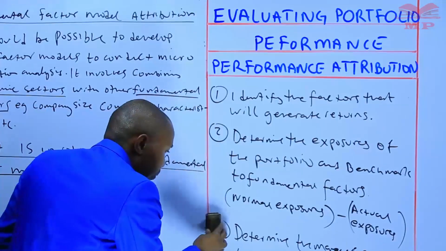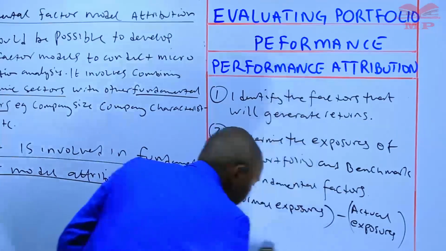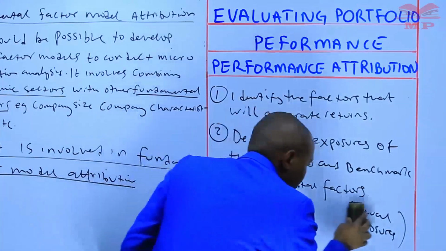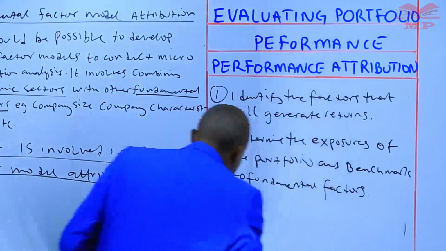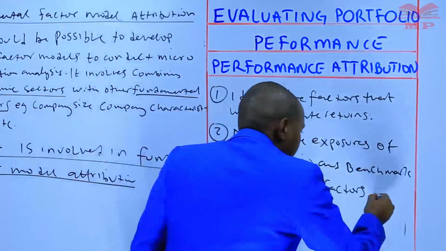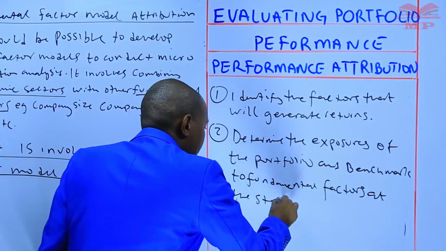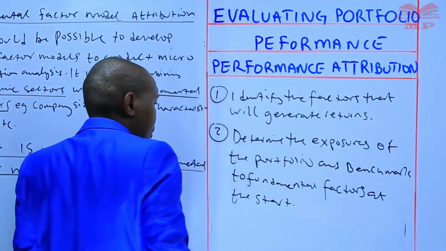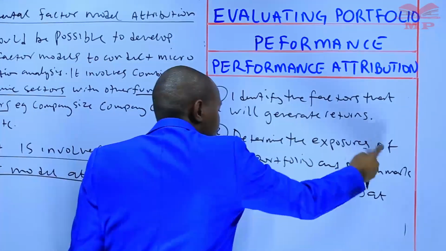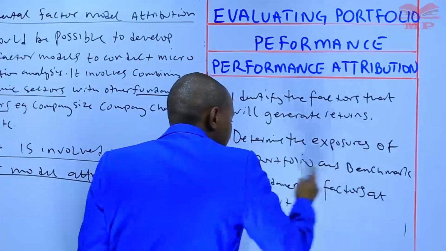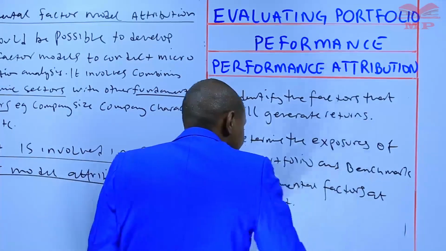Sorry about that. At the start is not the normal exposure, sorry about that. So we determine the exposures of the portfolio and benchmark to fundamental factors at the start.